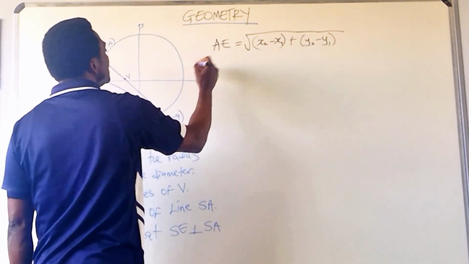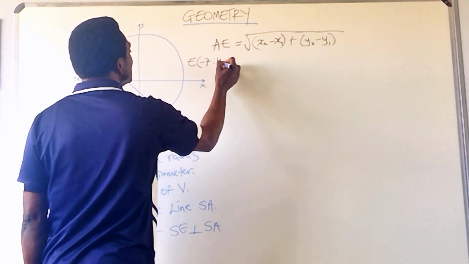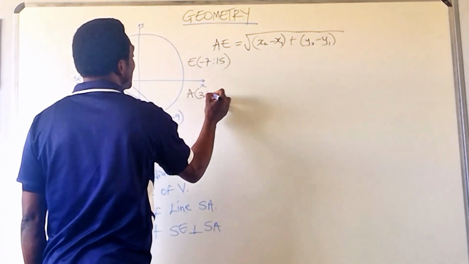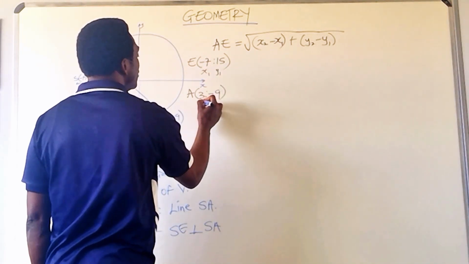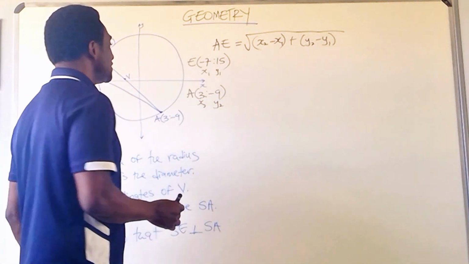We have two coordinates. We are looking at E, which is -7 and 15, and we are also looking at A, which is 3 and -9. So we can call this our x1 and y1, and x2 and y2. So we plug into the equation.